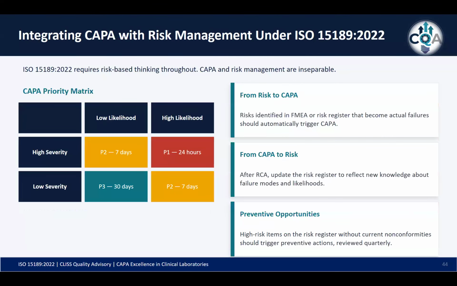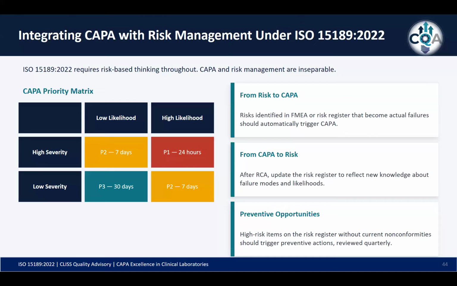Okay. One of the critical things, we are expected to integrate non-conformity management with risk management under the new version of the standard. So this is what we're also suggesting as an approach to integrating your non-conformities and the risks. For a CAPA that has a high likelihood and a high severity, respond within 24 hours.